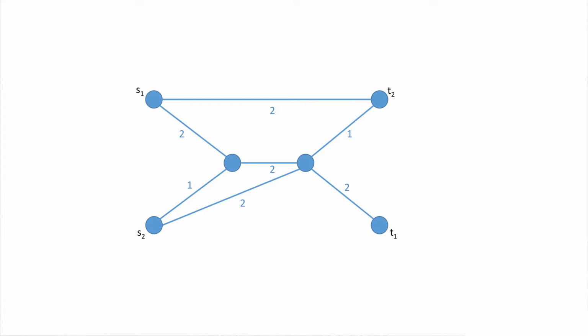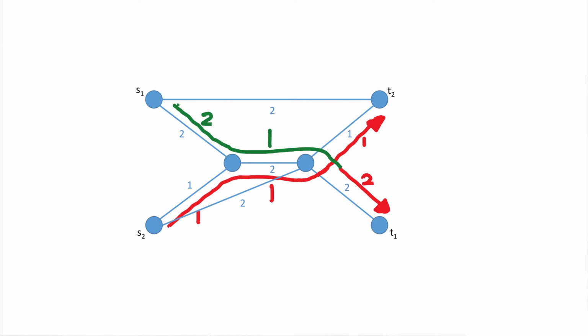So, let us look at a couple of examples before we go further. Let us say this is my network. I have two agents. One agent wants to send traffic from S1 to T1, the other agent wants to send traffic from S2 to T2, and the labels of the edges are the costs of these edges. Let us say the two agents start off by using these two paths, the green and the red path.